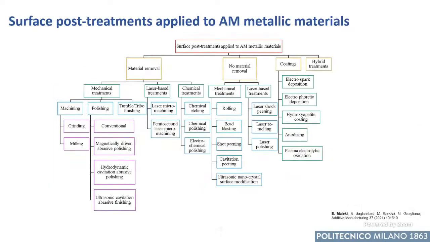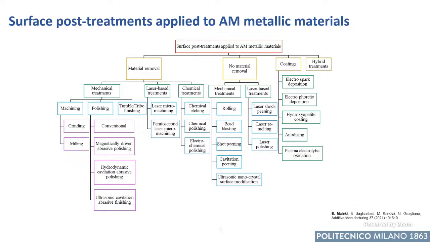And these are the post-treatments that can be used. We define different categories that include material removal or no material removal. The first one includes traditional machining, such as polishing, machining, grinding, or tumbling, and so on, or laser-based or chemical processes.